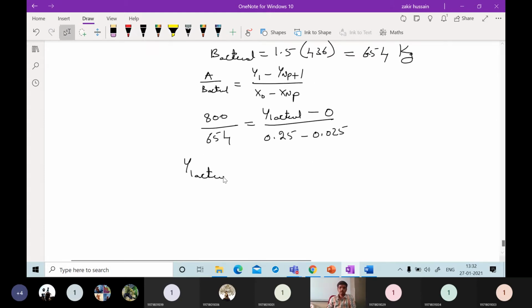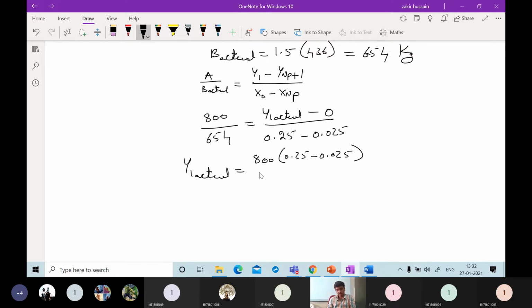Y1 actual is equal to 800 into 0.25 minus 0.025, divided by 654, which is 0.275.